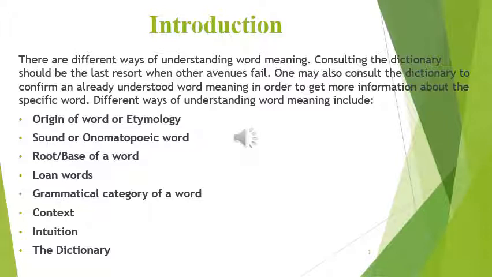Dictionary should be the last thing we consult while looking for word meaning, because it is time consuming and it distracts the meaning of a given sentence, spoken or written. Now we are going to take each one and explain it.